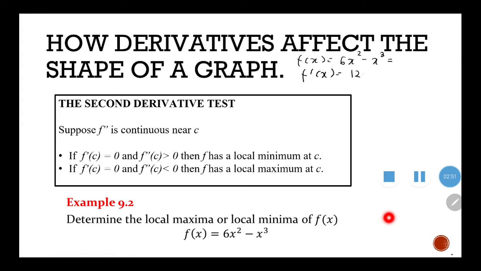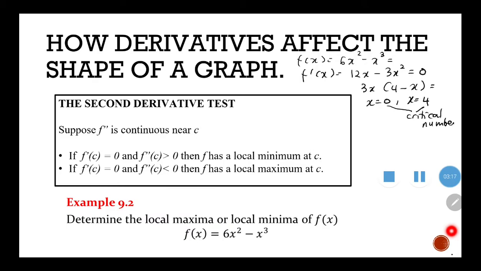So there will be 12x minus 3x squared equal to 0. Put the 3x together, you will get this. So x is equal to 0 and x is equal to 4. So 0 and 4 are the critical numbers for this particular function.